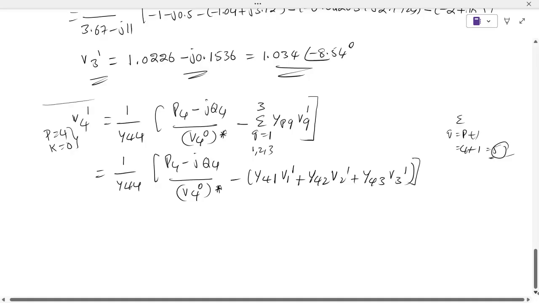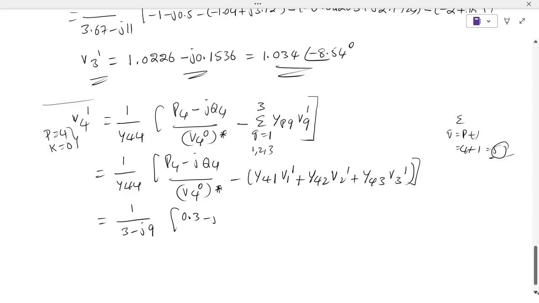Now substitute the values: 1 by 3 minus j9. P4 is 0.3, they have given the problem. Q4 is 0.1. V4 as per the voltage profile is 1 at an angle 0.